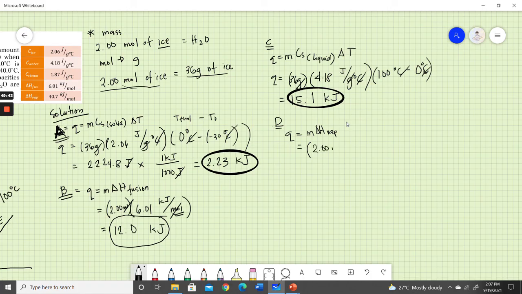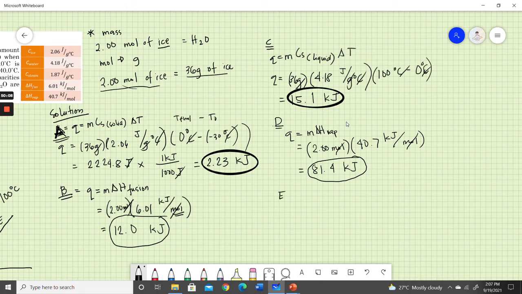So 2 moles of ice multiplied by delta H of vaporization, which is 40.7 kilojoules per mole. Cancel the moles, and this would give us 81.4 kilojoules.